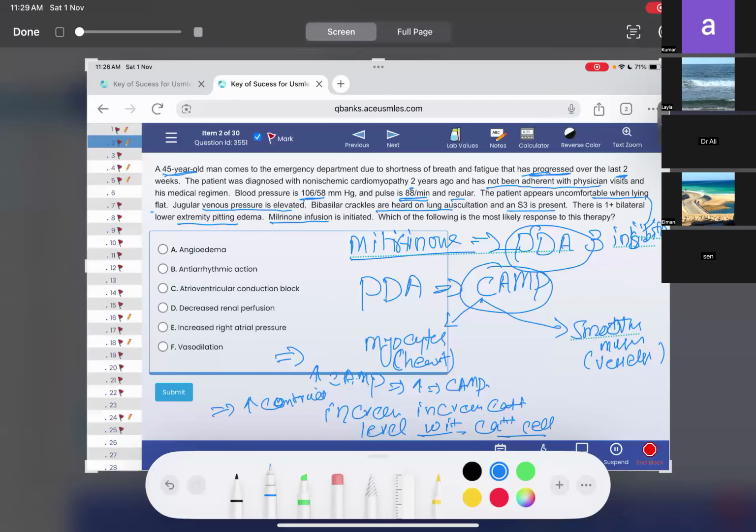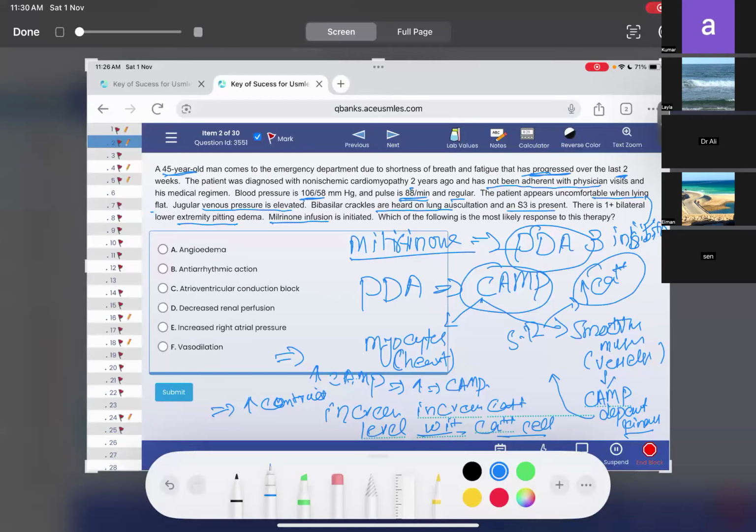Second, on the smooth muscle, it will stimulate cyclic AMP dependent kinase. So this kinase will stimulate the sarcoplasmic reticulum to increase the uptake of calcium.